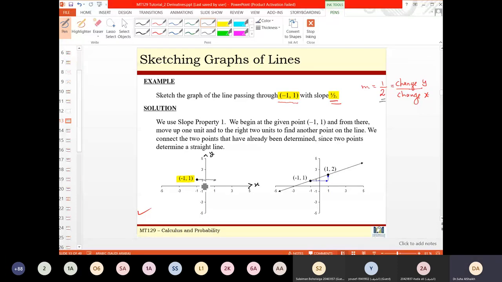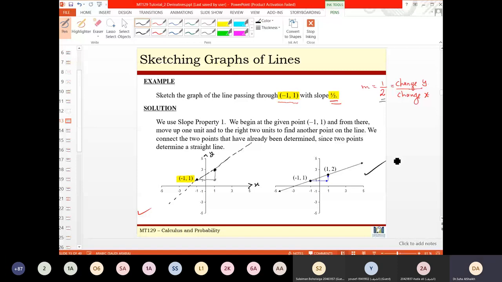And how much is the y changing? 1 unit, up by 1 unit. I go up 1 in y and right 2 in x, because it is 1 over 2, meaning one unit in y for 2 units in x. And then I draw my line from this point to this point, join the 2 points together, and this will be your line. Got it?